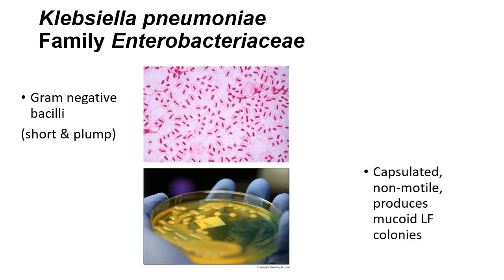And very important for us during the lab is that it's non-motile. But this capsule makes it very mucoid. So you can see from the picture as well that it's very sticky to the plate. It grows and occupies the whole plate because of the stickiness, or this mucus layer, because of the capsule.